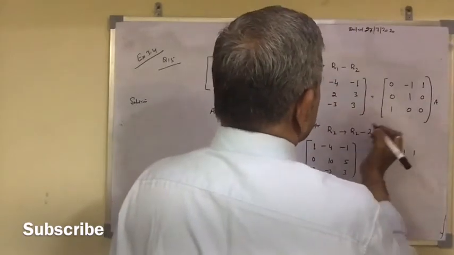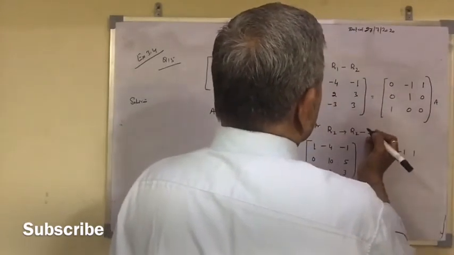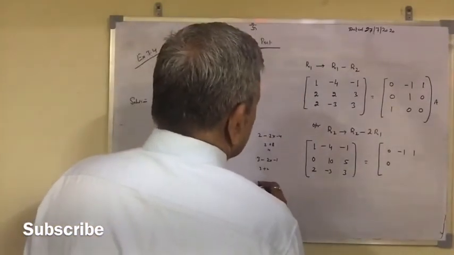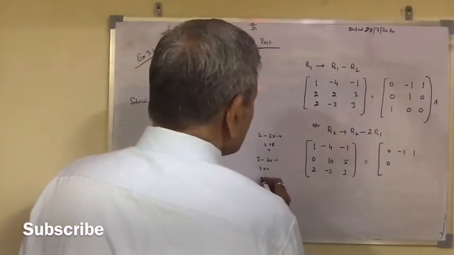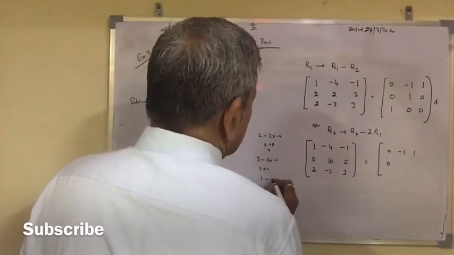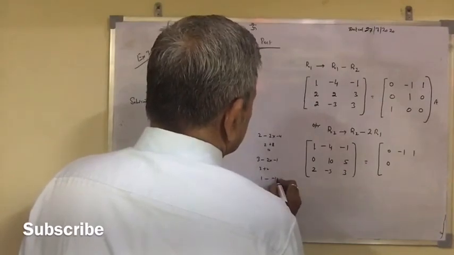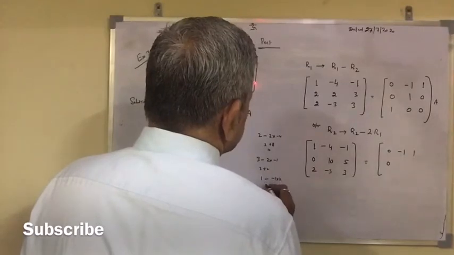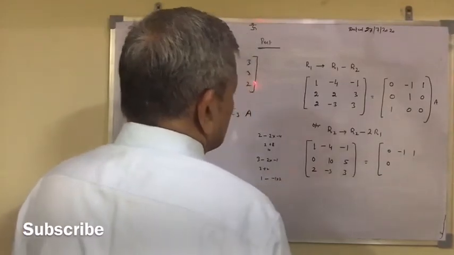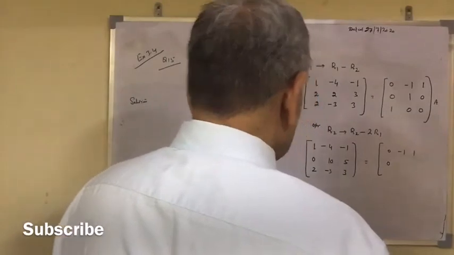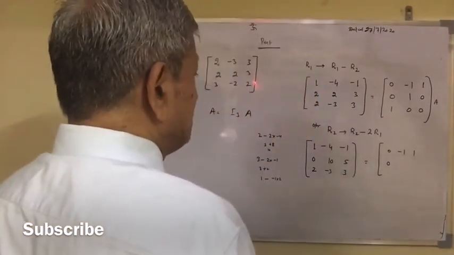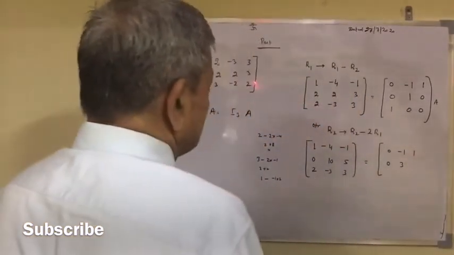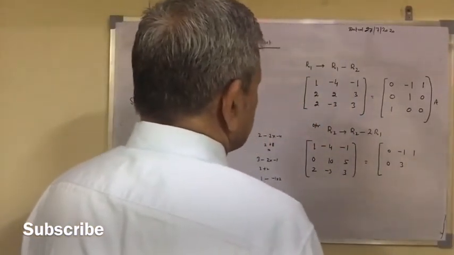So, R2 means here 1, and minus 2 of R1 means your value will come out 1 minus minus of 2. So, this gives you plus, 2 1 ja 2, and this gives you 3. So, your 3 will come out. So, I will write down here 3, this is plus sign, and now we have to do R2.